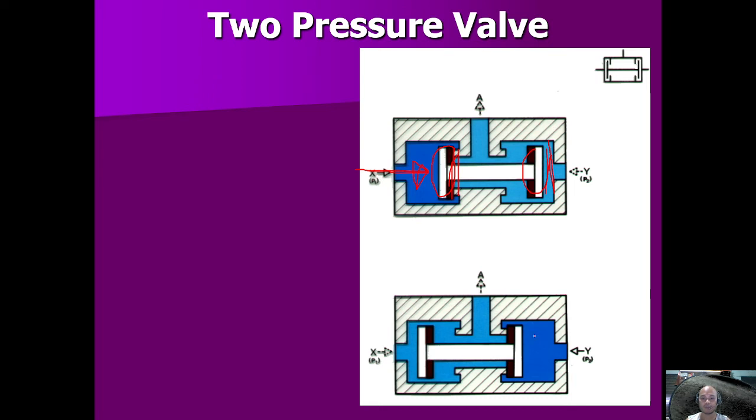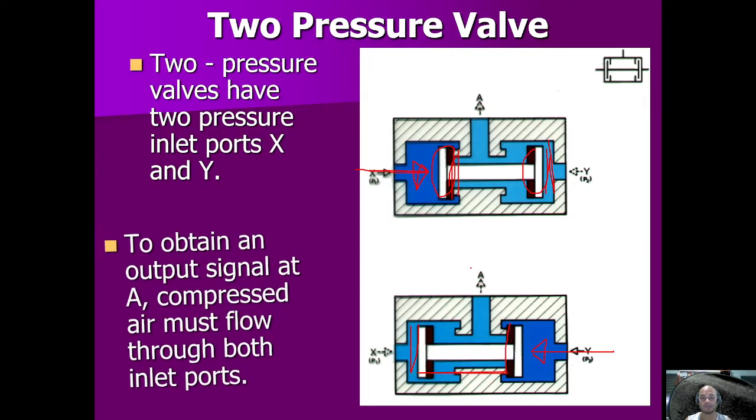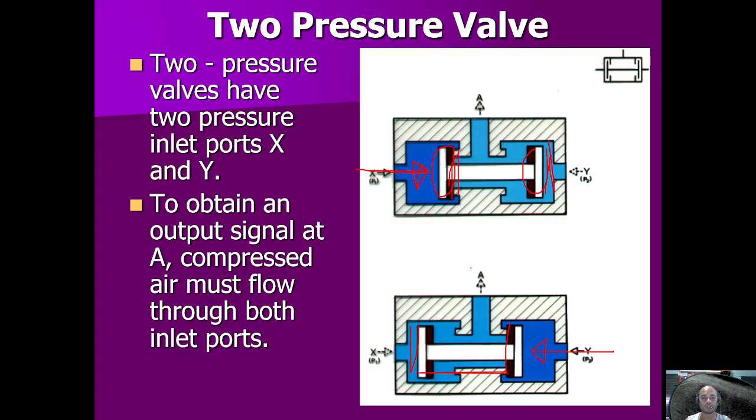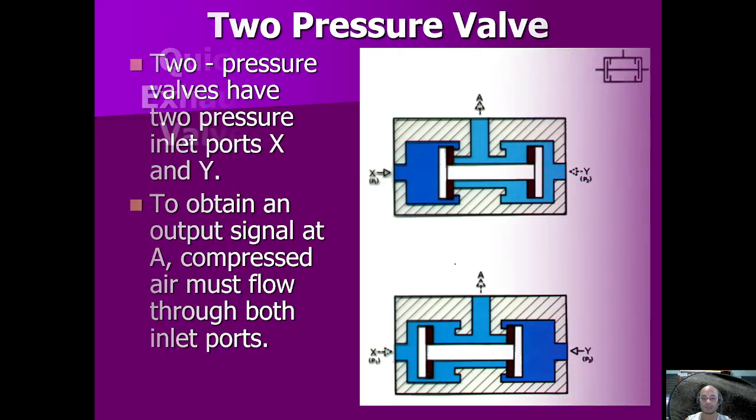And if we put pressure on the other side only, this one will be closed, so there will be no flow in the valve. But if both inlets have pressure, so to have two pressure inlet ports, to obtain an output signal at A, compressed air must flow through both inlet ports. So like this one.